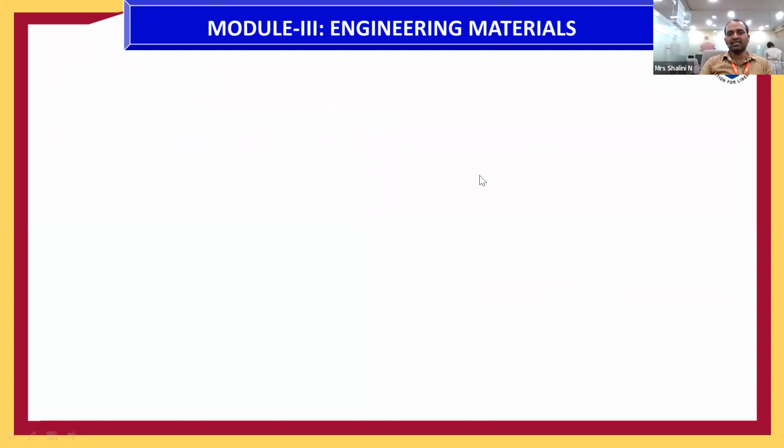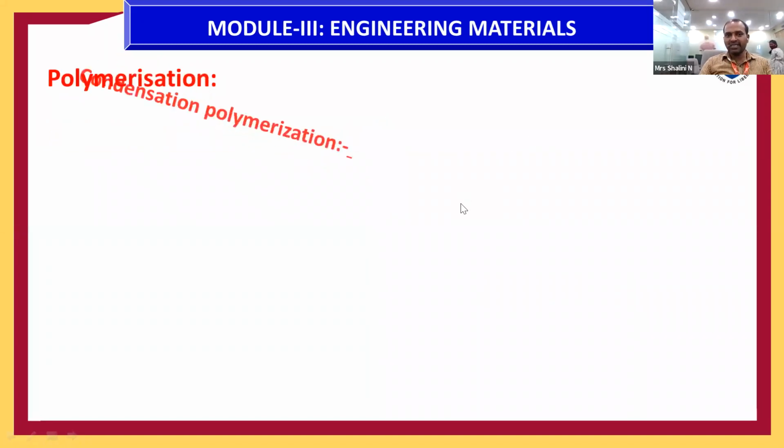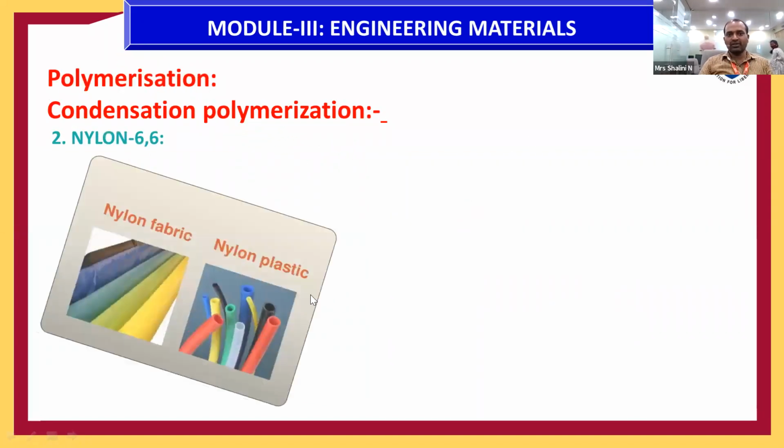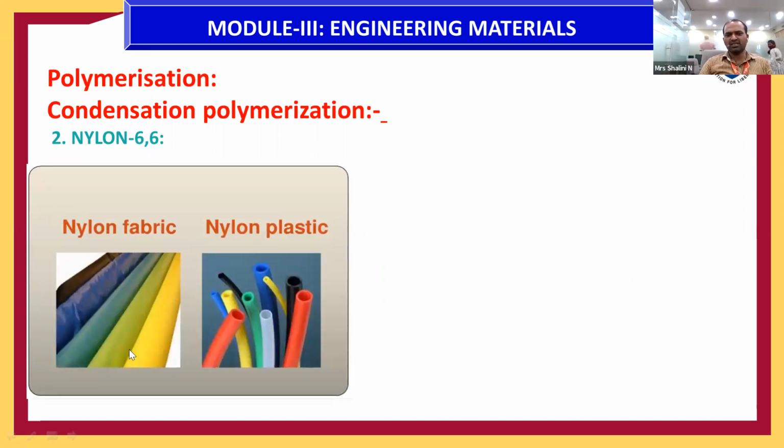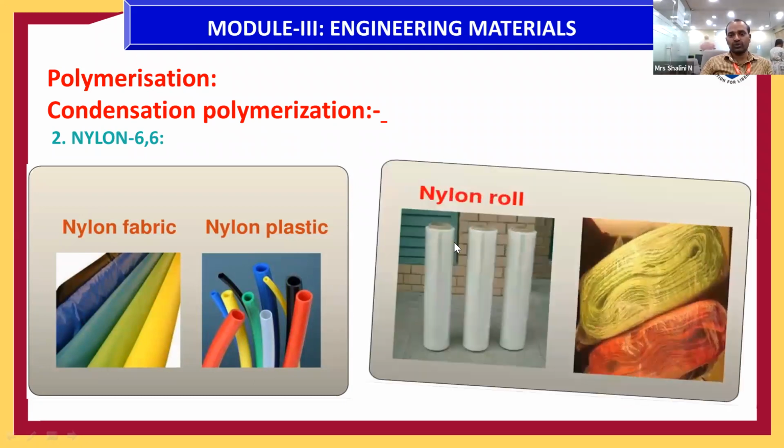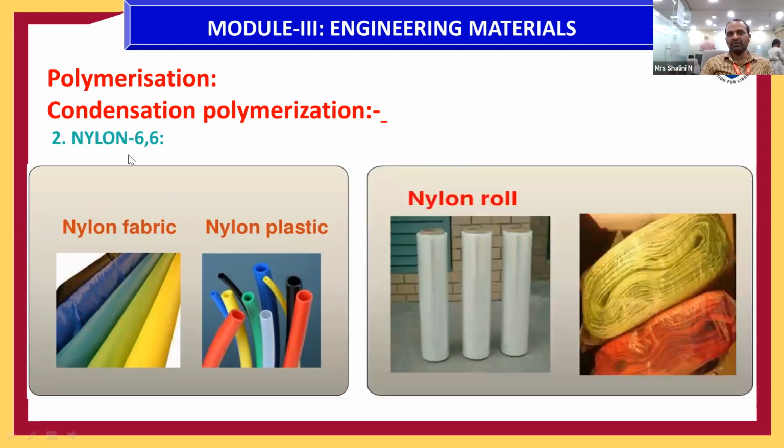The applications are nylon fabric. Nowadays we completely depend on plastic material. Each and every family, company, or institution uses nylon fabrics, nylon plastics, and nylon ropes. Using nylon 6,6, we prepare nylon fabrics, nylon plastics, and nylon ropes.